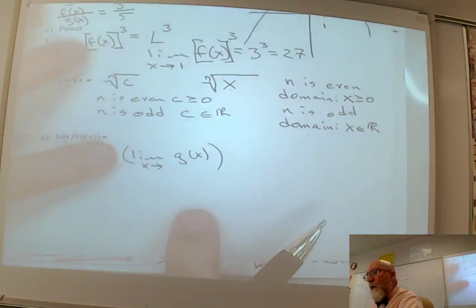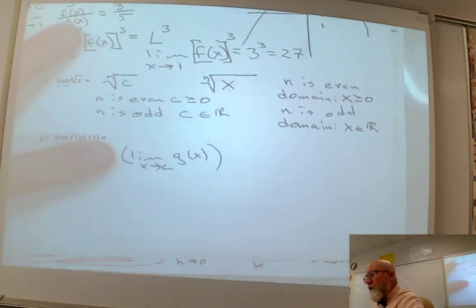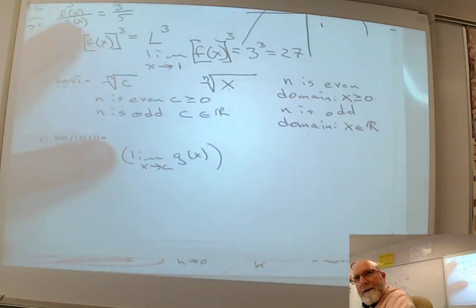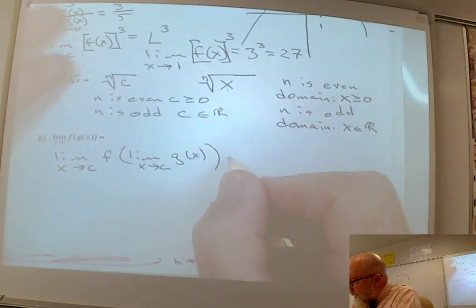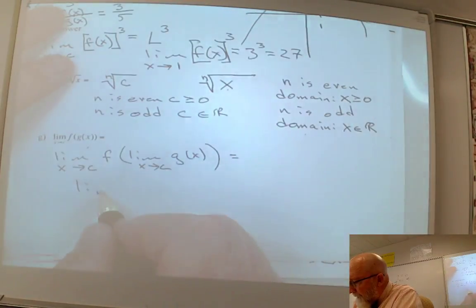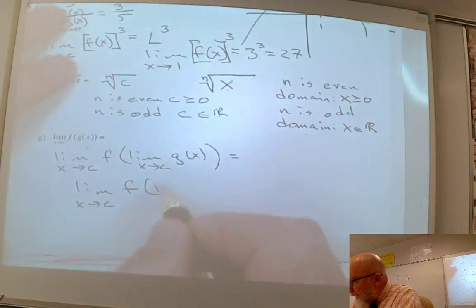So do I know that limit? Do I know the limit as x approaches c of g of x? Did I tell you what that was? Yeah. Okay, so this is equal to the limit as x approaches c of f of k.